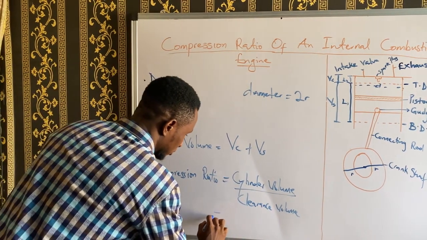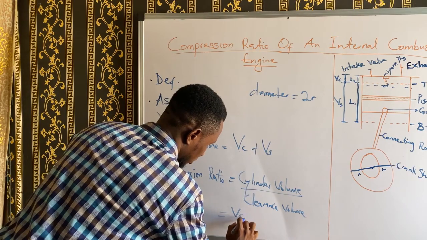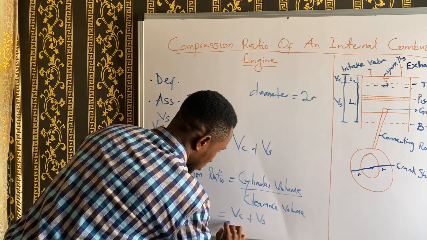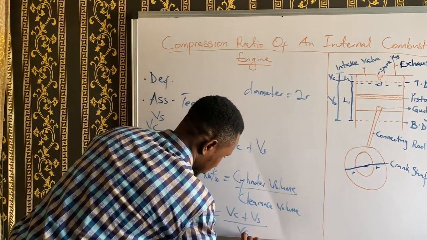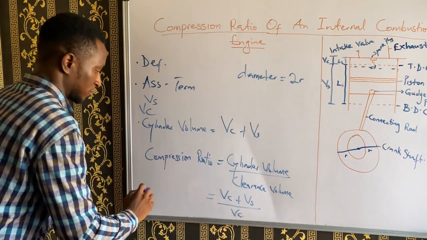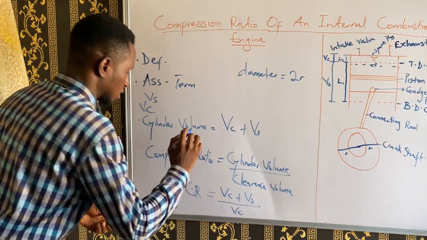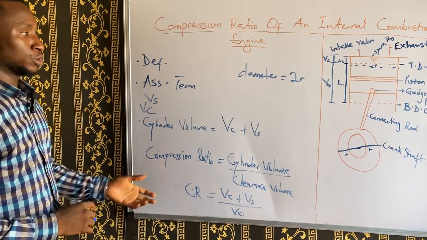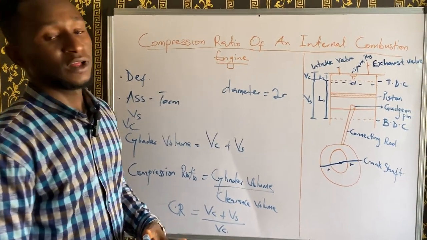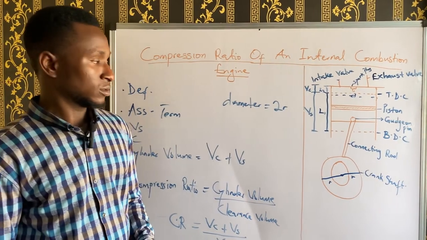This gives us Vc plus Vs all over Vc. This is the formula for our compression ratio. Now let's look into some of the solved examples.